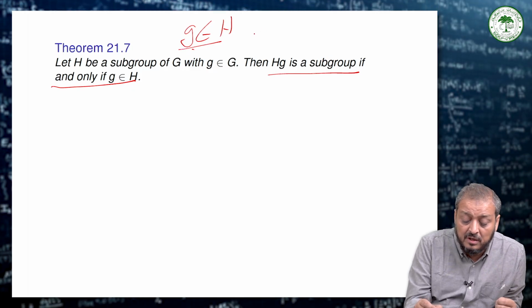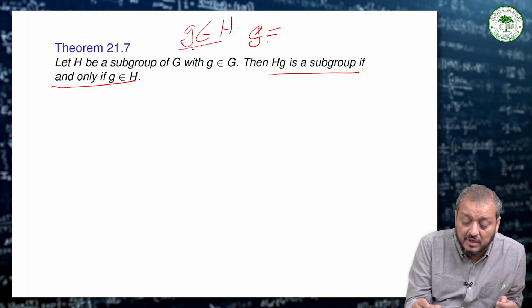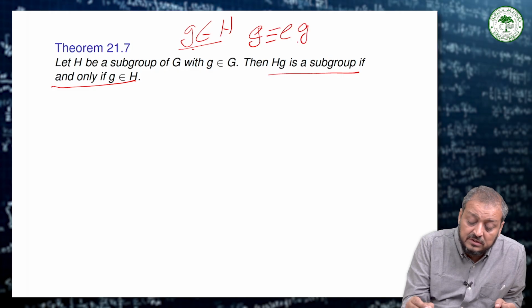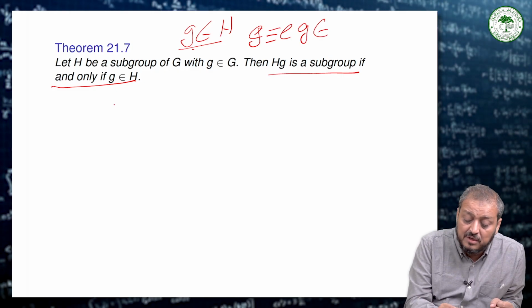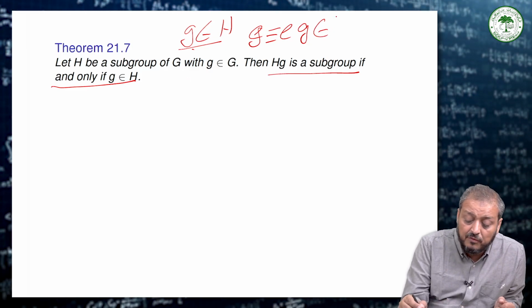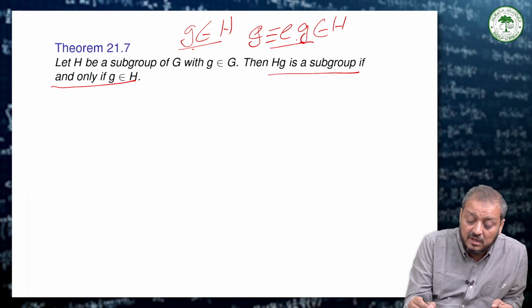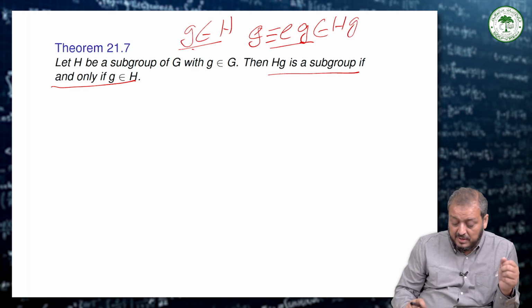This means g can be written as eg, and this is an element of Hg because g is an element of H. So we can say that Hg contains at least the identity element.